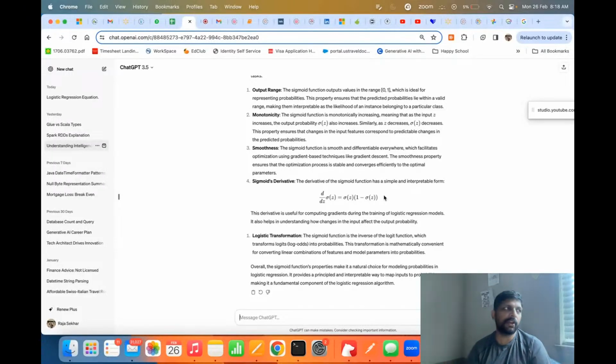I did it when I was studying it, and you can also do it. All you need to understand is the differentiation of e power x, and how that boils down for 1 by 1 plus e power minus z. You should give it a try. So that's how the sigmoid function is discussed.